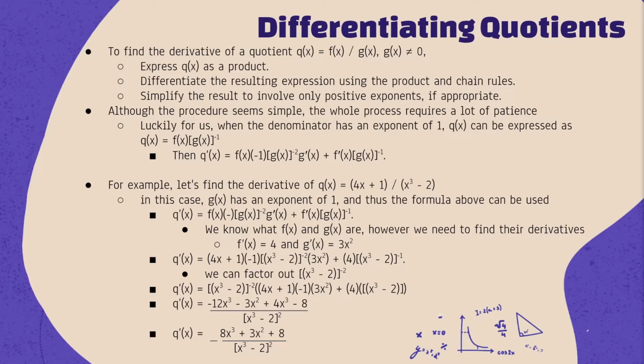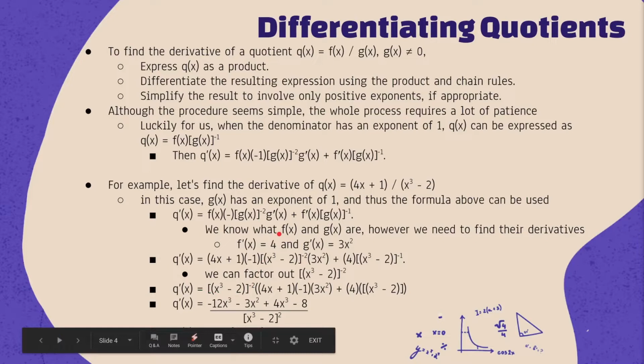The next step is to differentiate the resulting expression using the product and chain rules. So this is where the complicated business happens. When you have very complicated equations, applying the product rule and the chain rule at the same time becomes a big hassle. And as you can see already by the example below, it's not something you could really do easily off the bat.